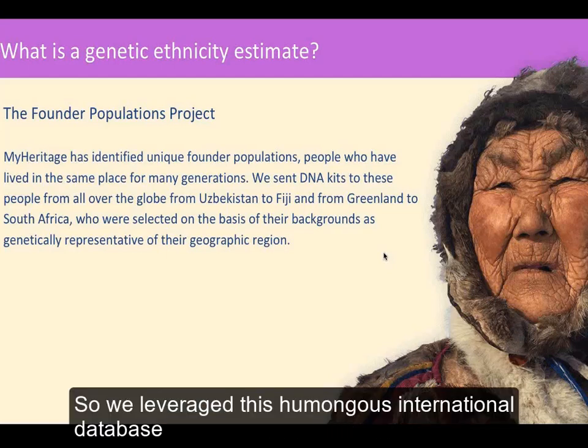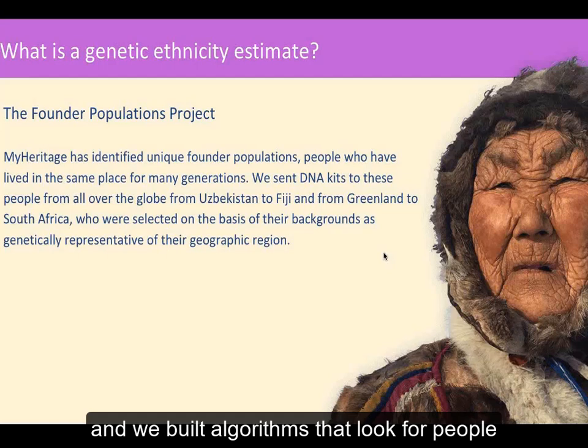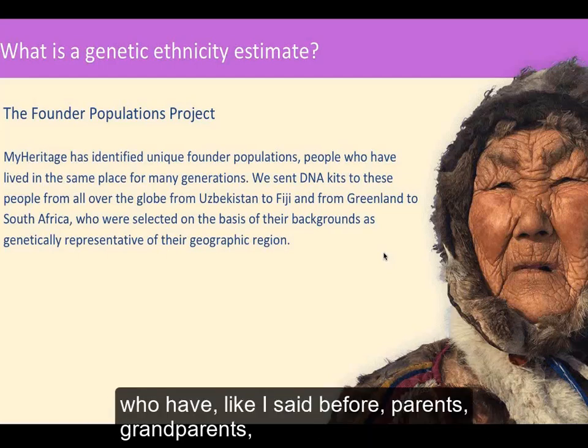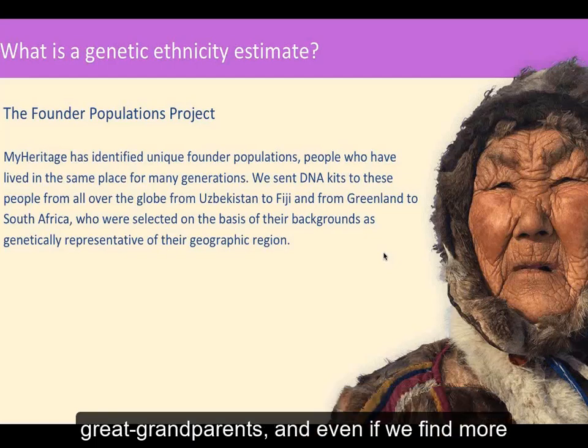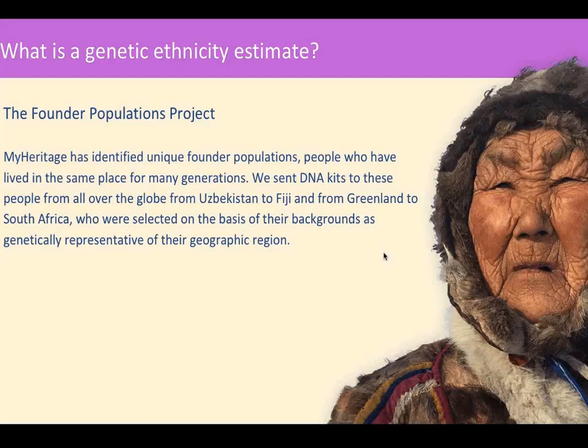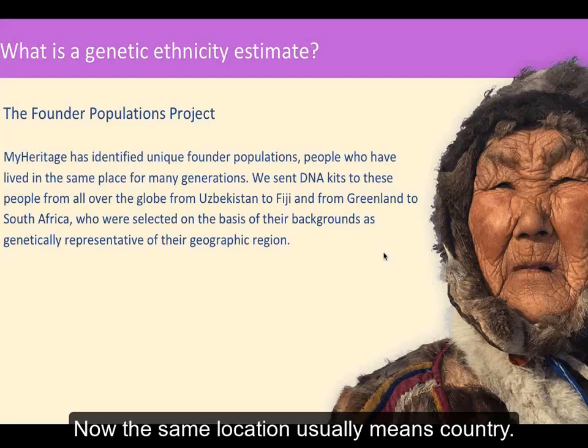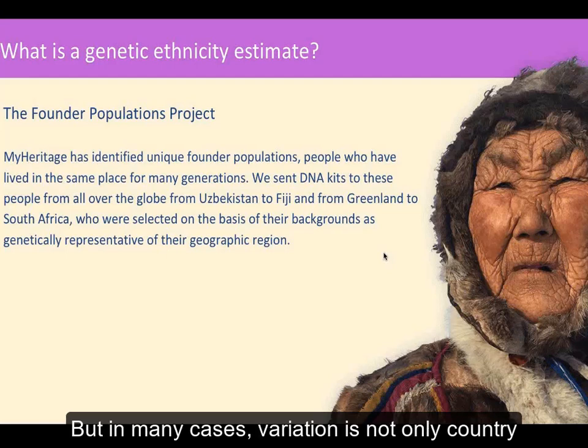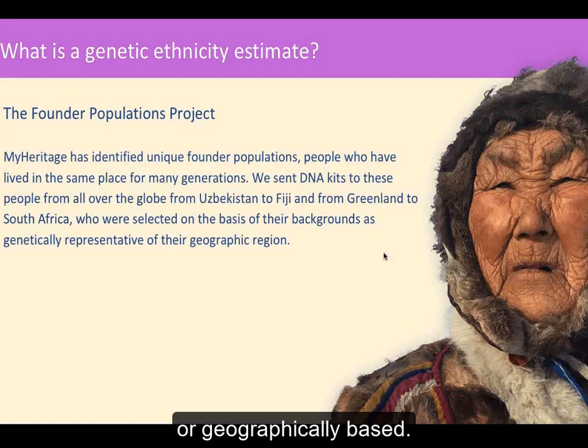So we leverage this humongous international database, and we build algorithms that look for people who have, like I said before, parents, grandparents, great-grandparents, and even more, that are from the same location. Now, the same location usually means country, but in many cases variation is not only country or geographically based.